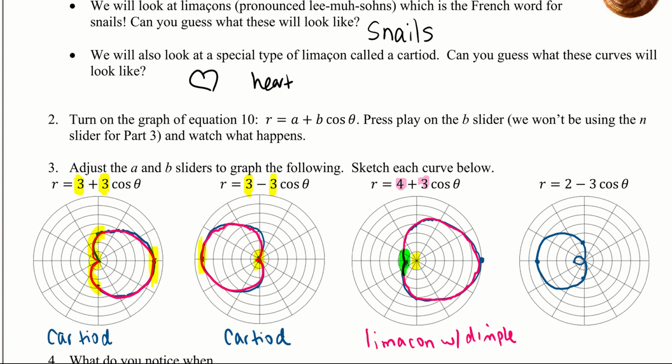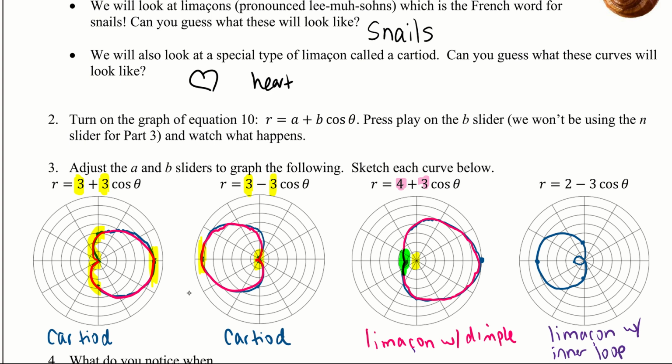This next one is called a limaçon with an inner loop. There's actually a little mark underneath the c, a cedilla. I apologize, I do not speak French quite clearly. And this one has an inner loop.